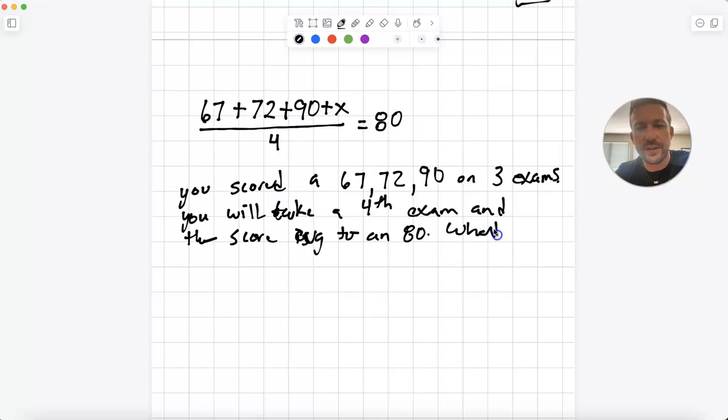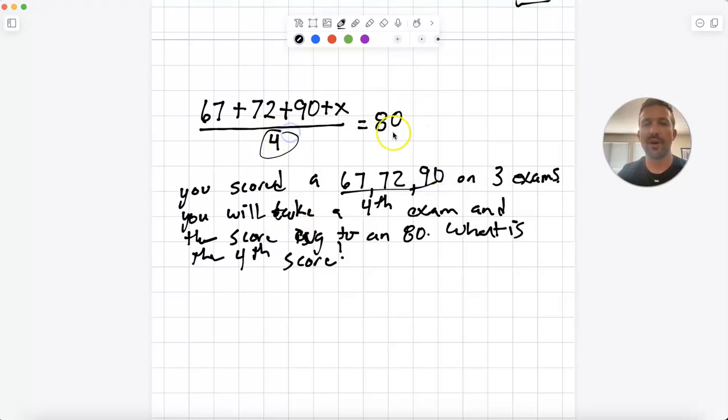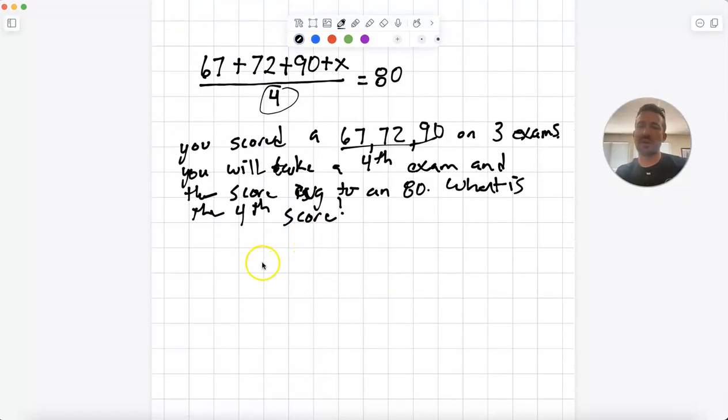What is the 4th score? So you're probably going to get something like that, and that's what we just set up. We added the ones they gave us, divided by the number of exams, which is going to be 4, and set that equal to 80. Then from here you just go about solving, right?